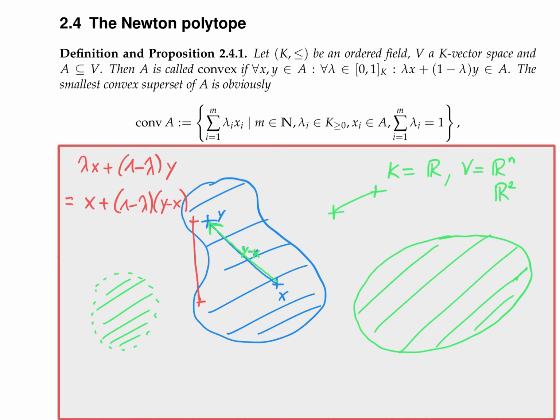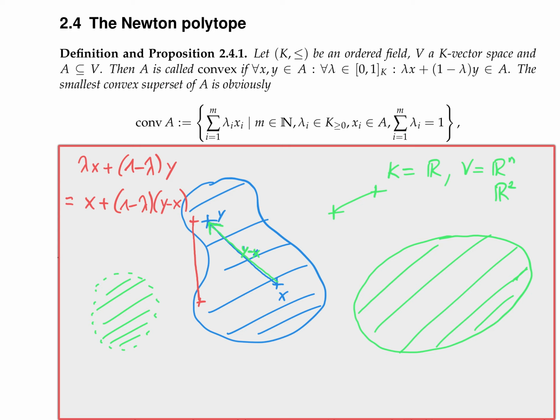So I take here finitely many points, so m is the number of points, and maybe I should write here, this was a bit sloppy writing. What I meant here is that lambda 1 up to lambda m are non-negative elements from K, and x1 up to xm are in A, and the sum of these coefficients lambda i is 1.